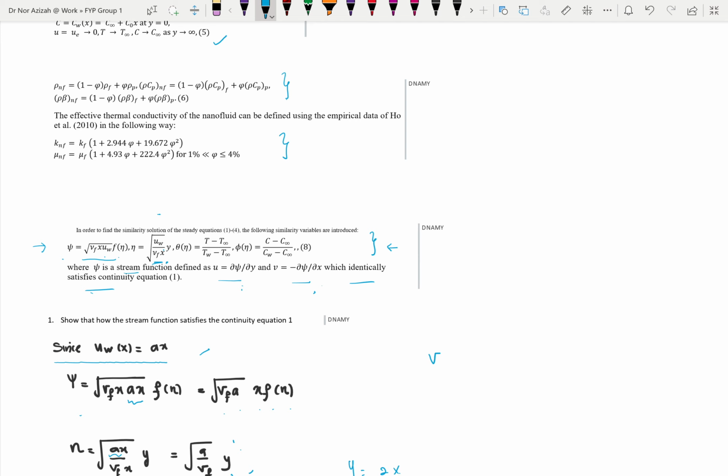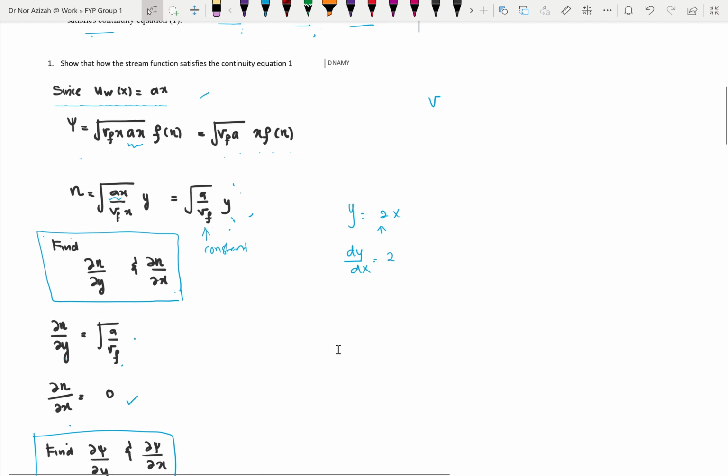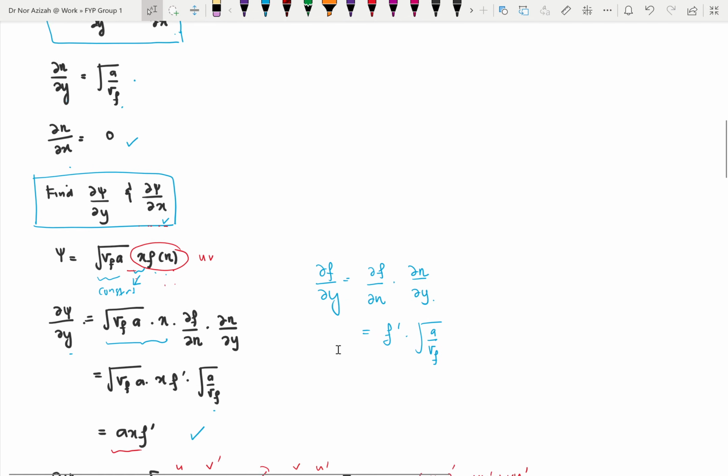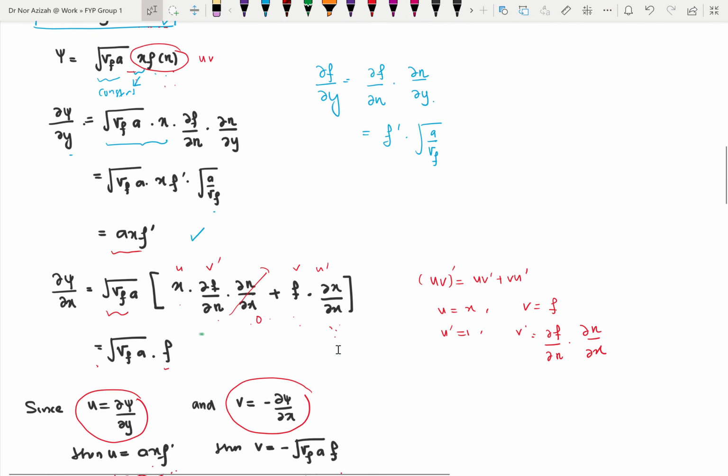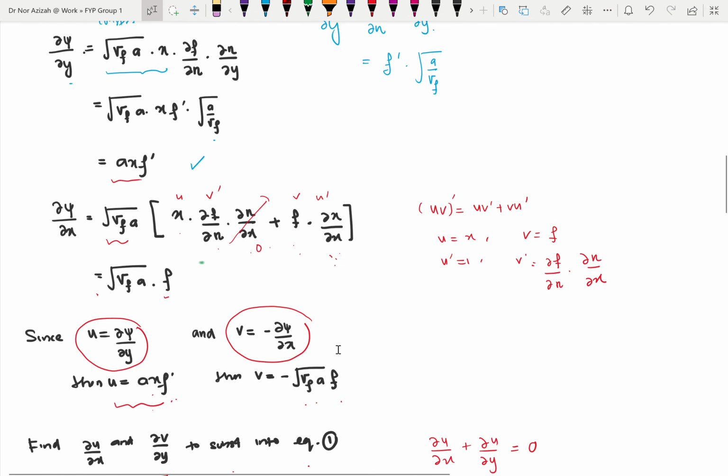Actually that is also correct, but this one is because I want to show you how we get u and v. So based on this, what is u? u equals ax f prime, the same as what we put before, and then v equals negative sec nu f a multiplied by f, also the same as before.